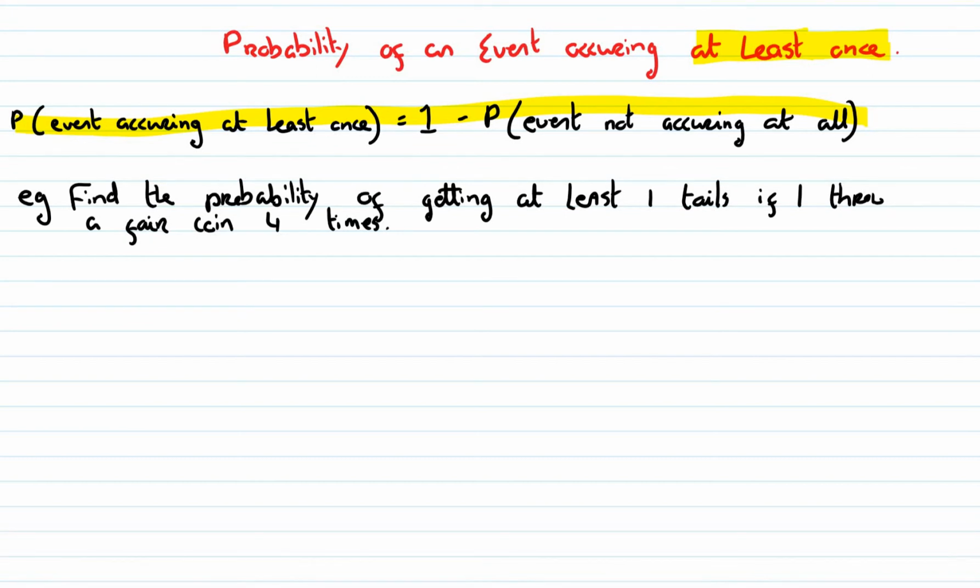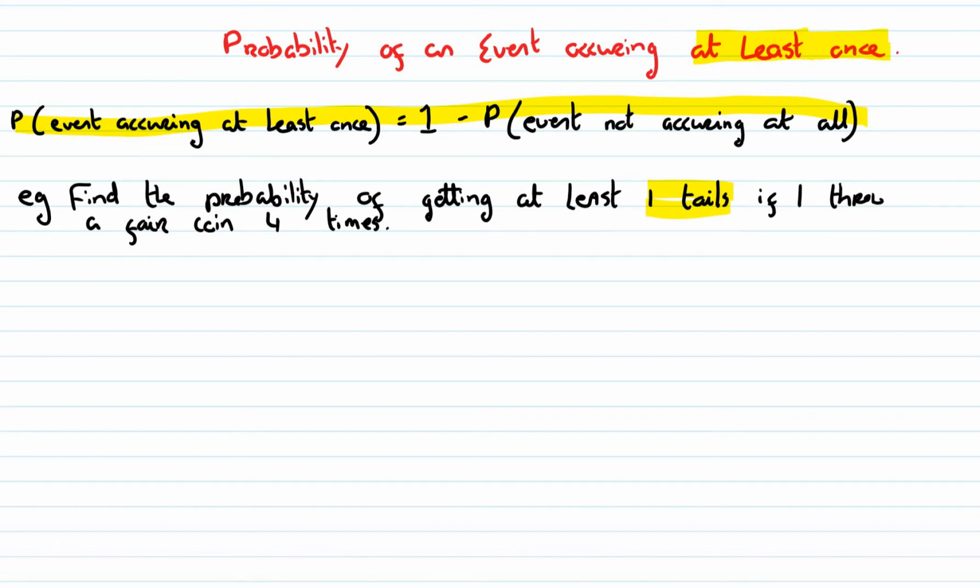In this question it says find the probability of getting at least 1 tails if I threw a fair coin 4 times. Okay, so to do that I want to find the probability of getting at least 1 tail. So that means the event 1 tails has to occur at least once. Okay, if it occurs twice, great. 3 times, no problem.